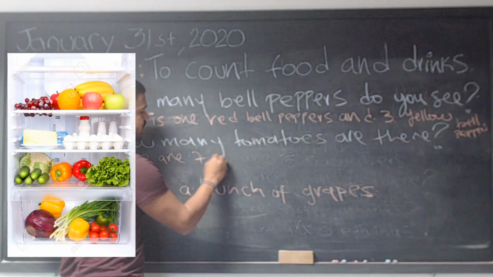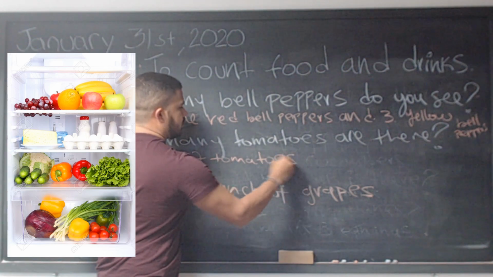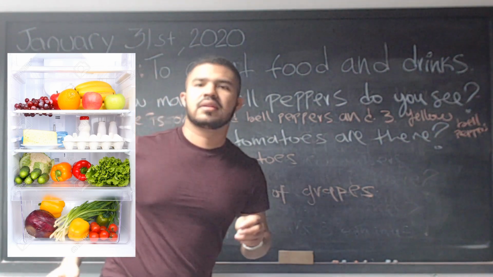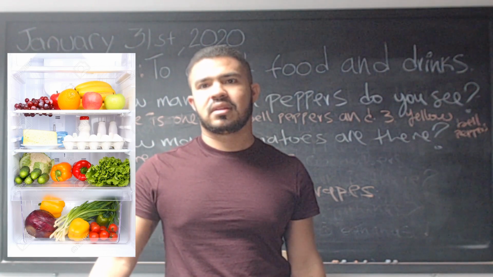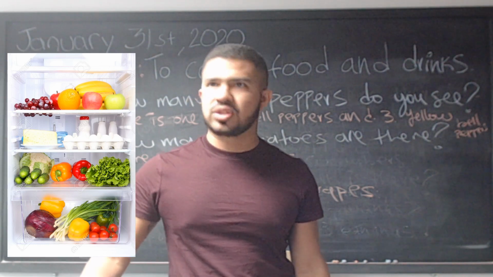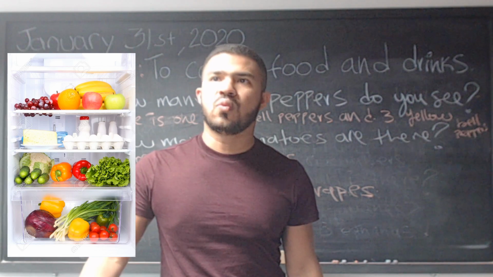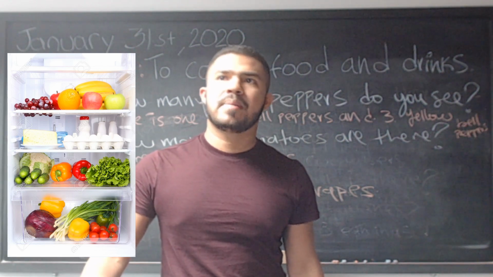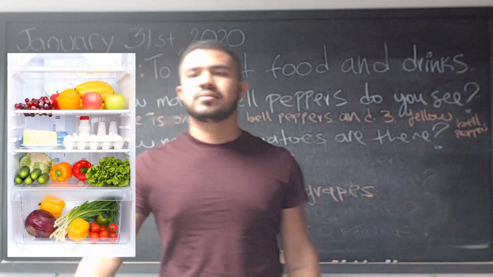There are 7 tomatoes. Bradley, there are 3 yellow bell peppers, 1 red bell pepper, and 1 green bell pepper. Excellent. Very good.